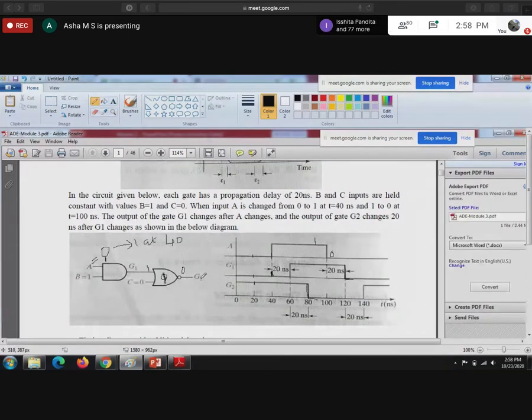G2 is going to change after 20 nanoseconds of propagation delay, from low to high. This is the way we are going to write the timing diagram.